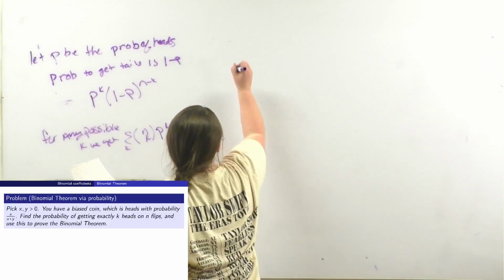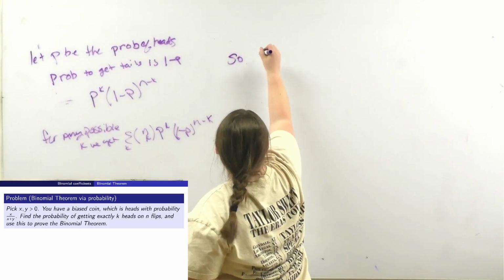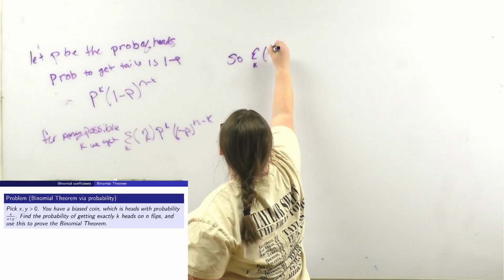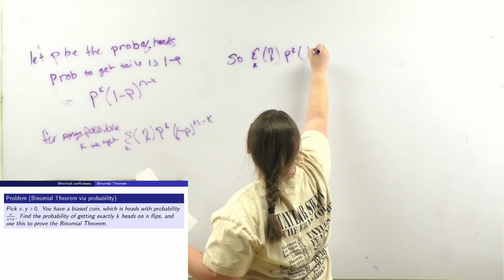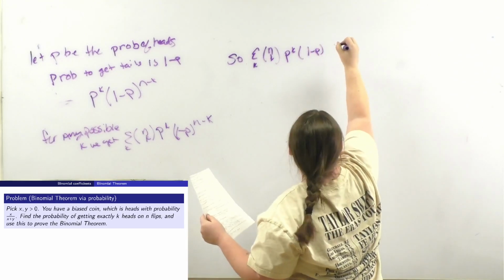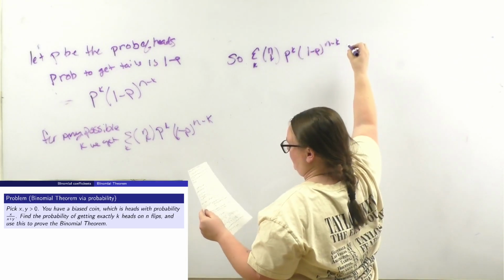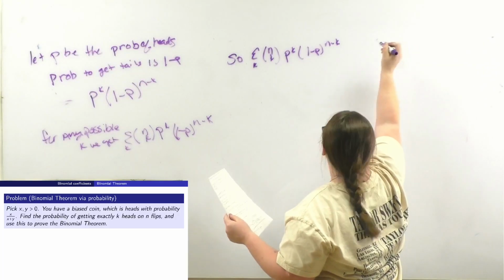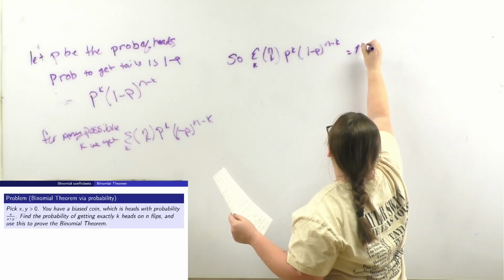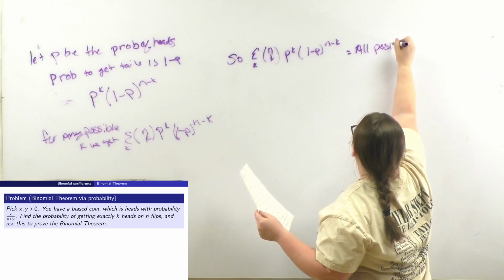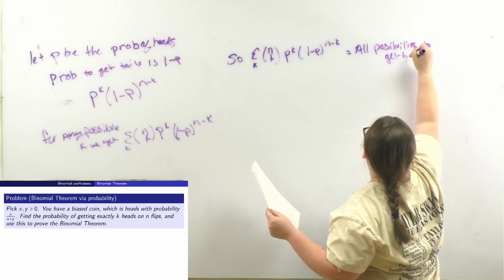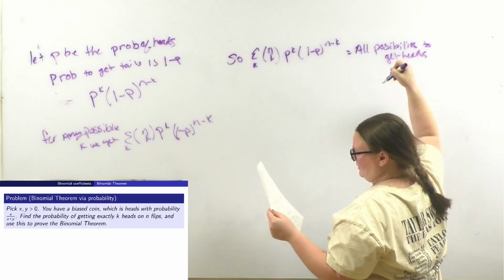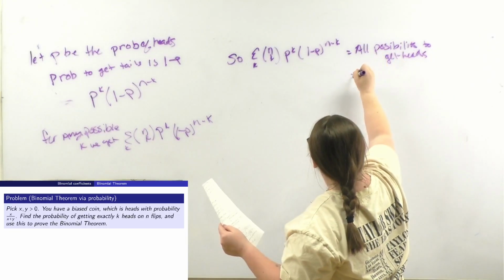So then this is going to be all the possibilities to get heads, which is equal to 1.